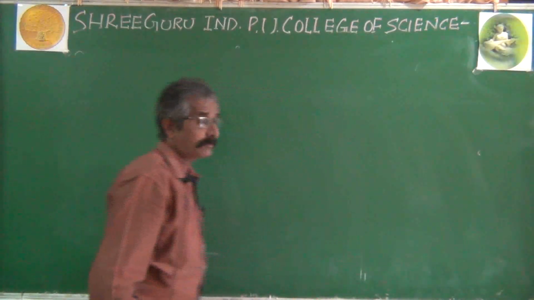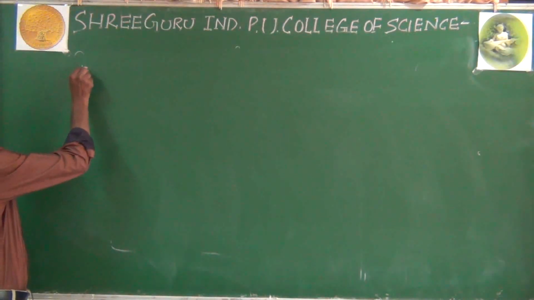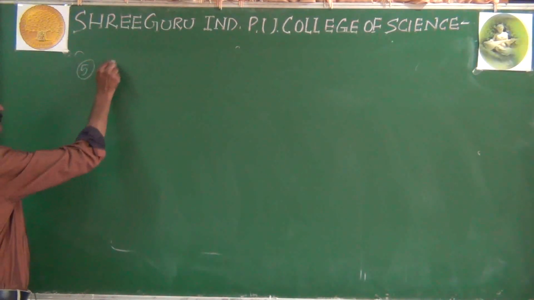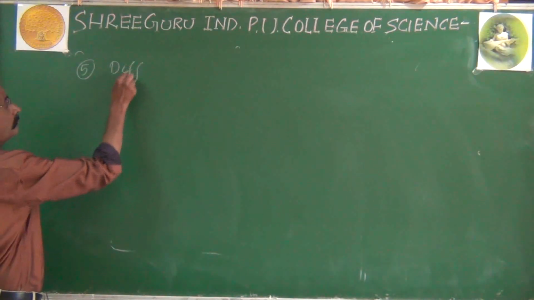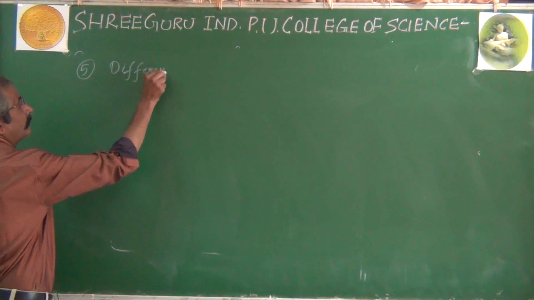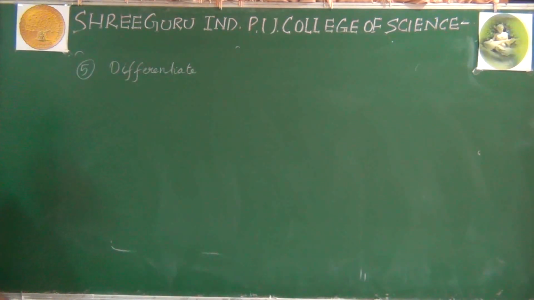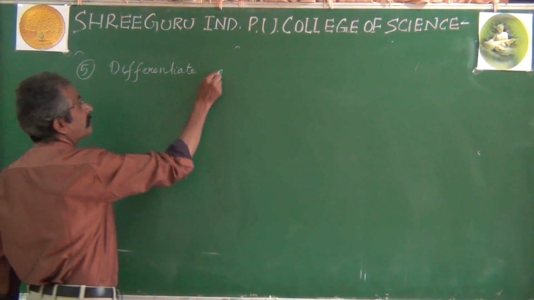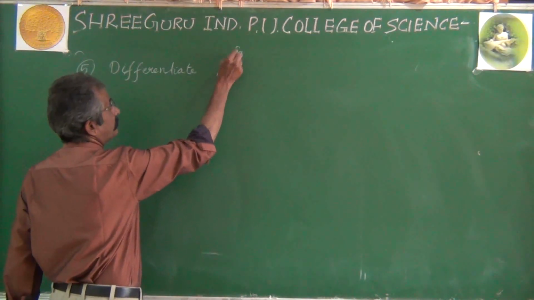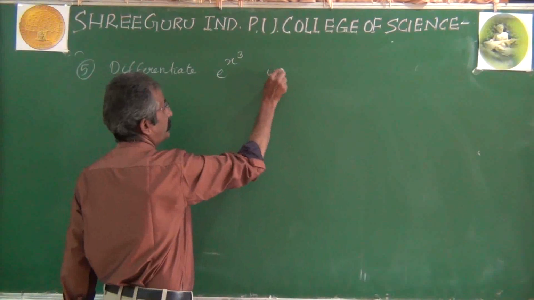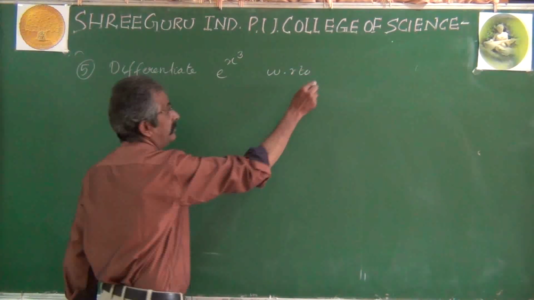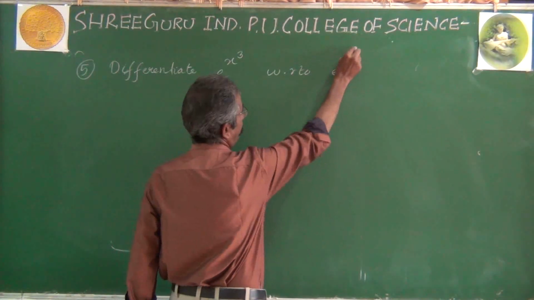Next question, fifth question it might be: differentiate e power x cube with respect to e power x power 4.